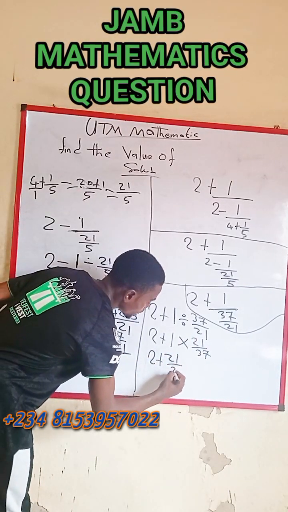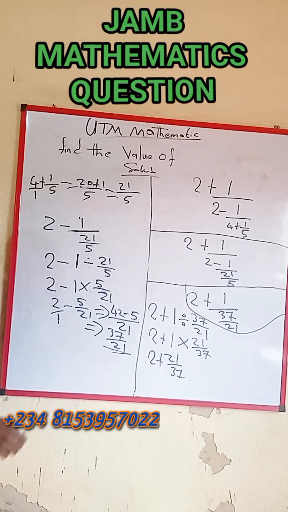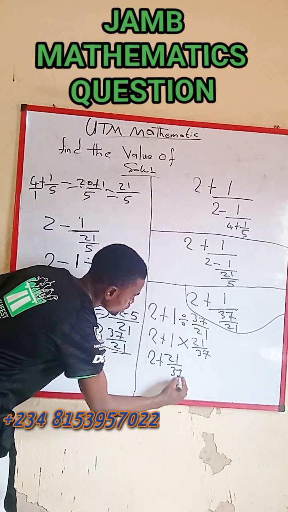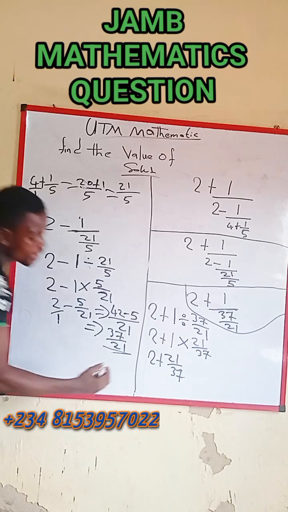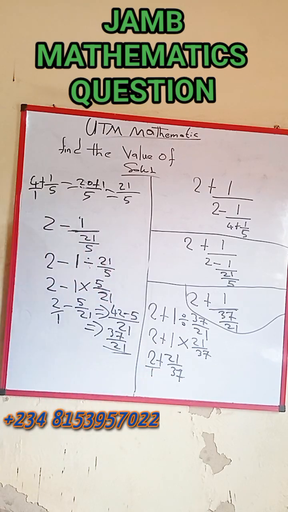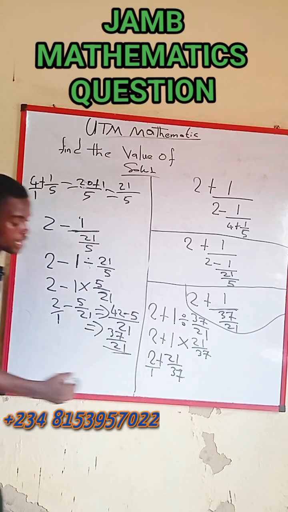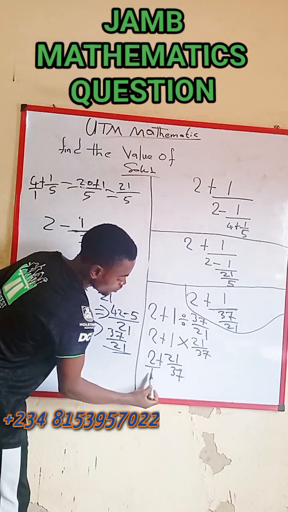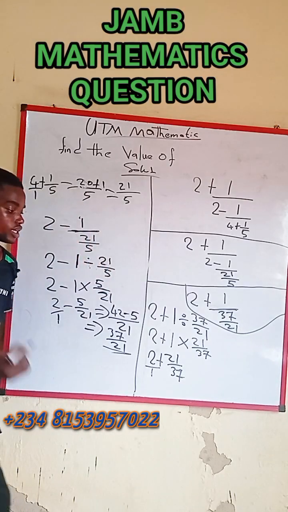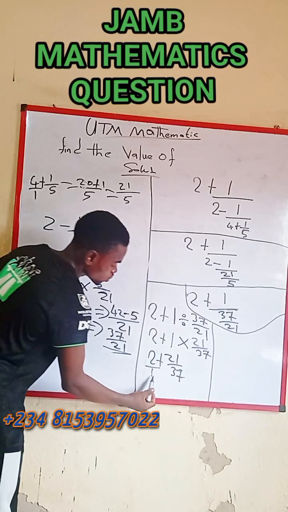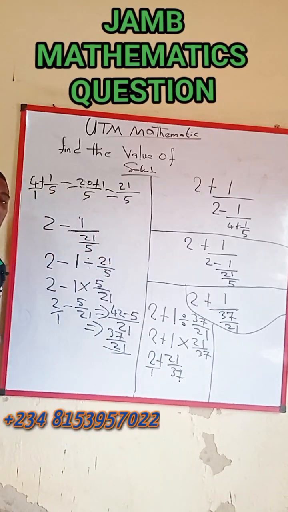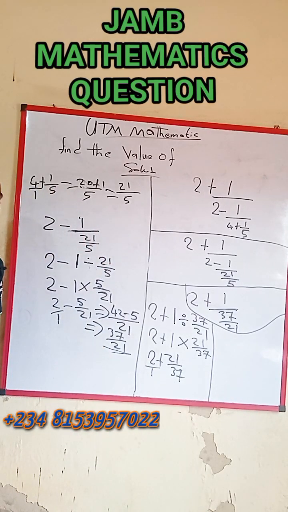Now in this case, I'm going to put a 1 under this 2 over here. If I do that, I'm going to have denominators of 1 and 37. Having denominators of 1 and 37, you look for the LCM of 1 and 37. You're going to find the LCM to be 37.